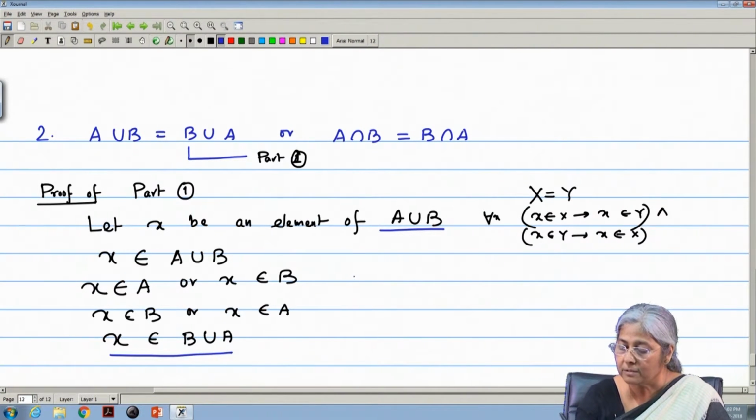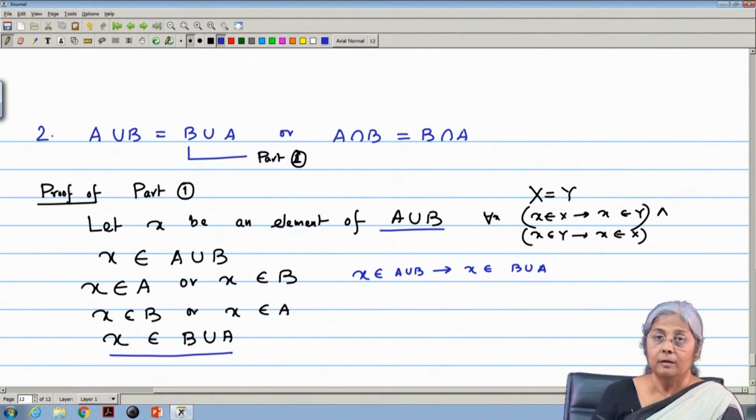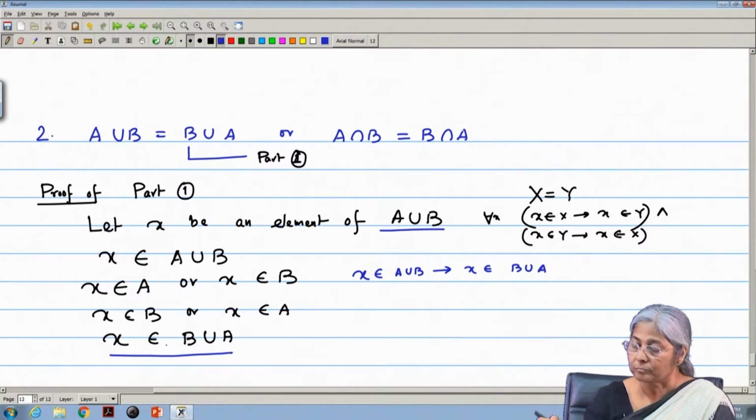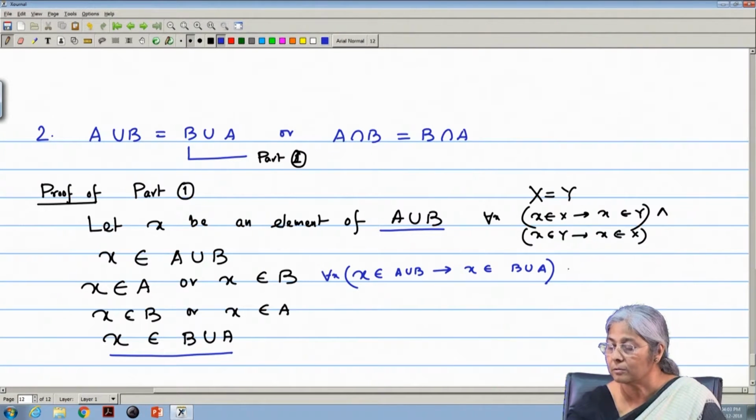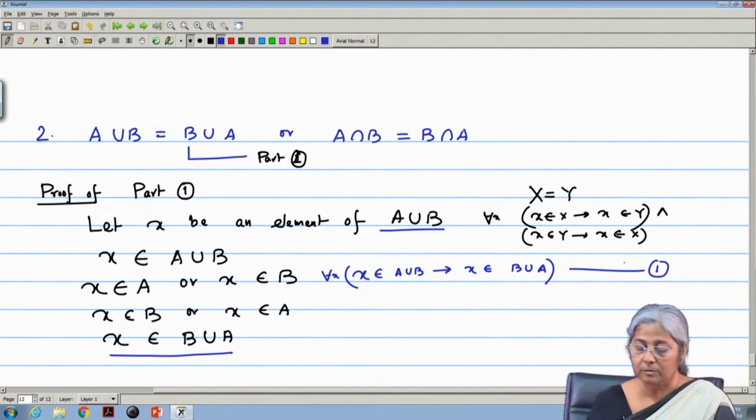So, x belongs to A union B implies x belongs to B union A. This is for all x. So, this is one we have shown.